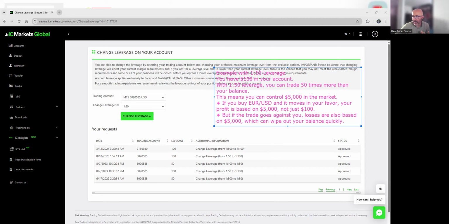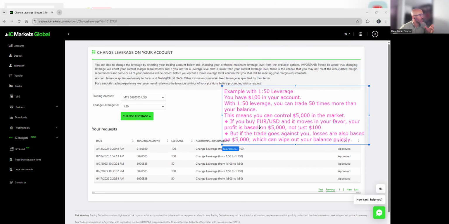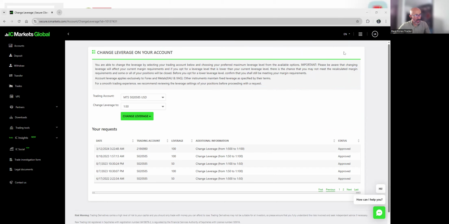What I have to bear in mind is this. I need to be very careful about the leverage that I'm going to use in my account. Okay? So how you do it? Now we can see our setup in our account.